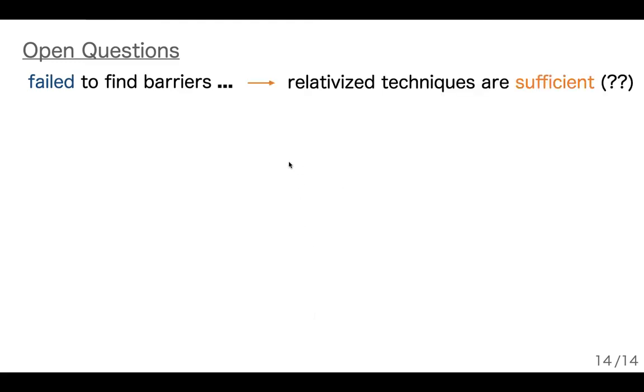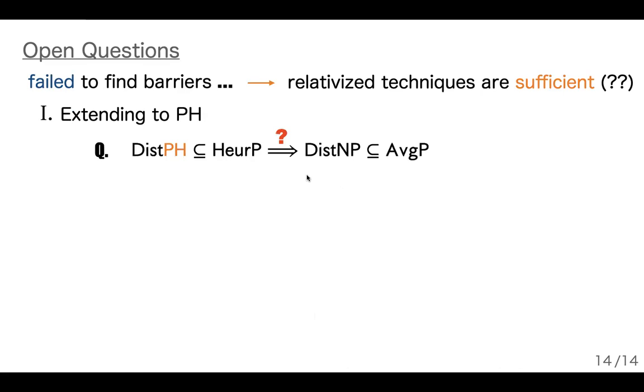Especially, I share with you open questions where we failed to prove barriers, which means that it might be possible to show such a direction using only current relativizing proof techniques. The first one is that we failed to extend our result to the polynomial hierarchy. So it might be possible to bypass these two average case notions by considering a stronger assumption on PH. And we also failed to prove a stronger lower bound.